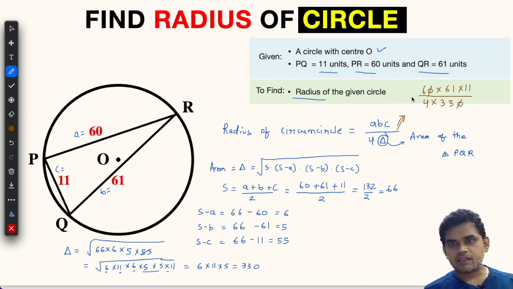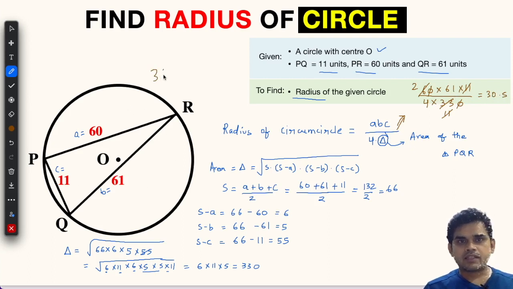Then we can further simplify this. We can divide by 3. This will be 11, and 3 times 2 is 6, and 11 and 11 get cancelled. This will be 2 times 61 over 4, that is 30.5. So the radius of this circumcircle will be 30.5 units.